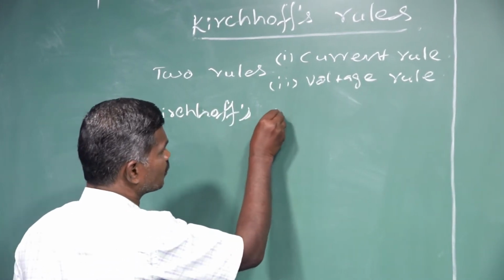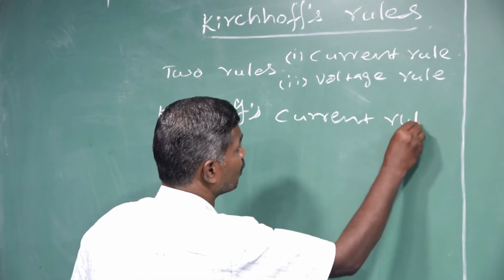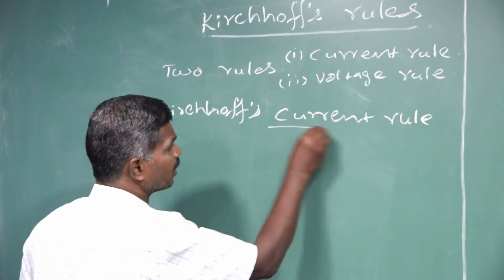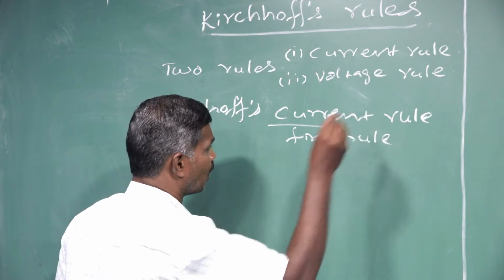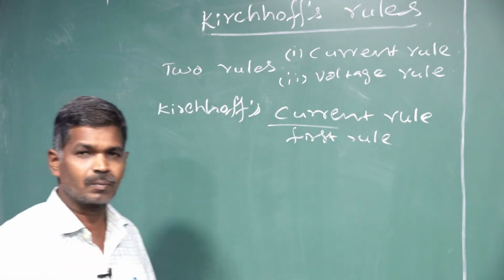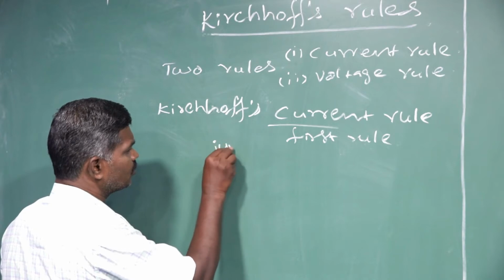Kirchhoff's current rule is also called the first rule. Another name for Kirchhoff's current rule is the junction rule.